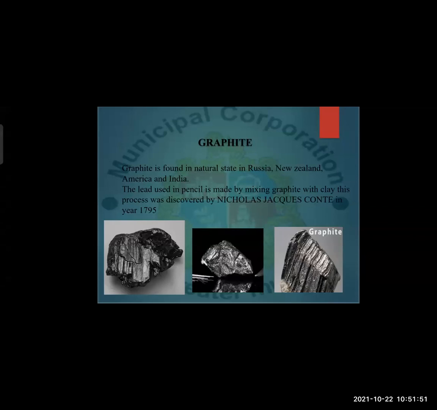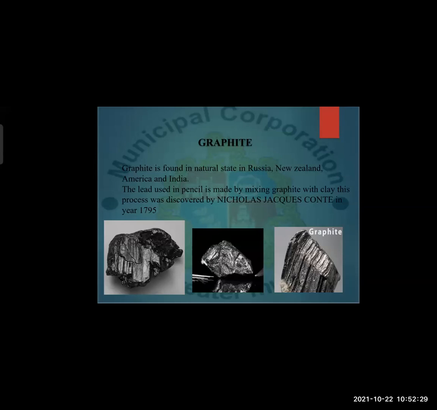It is found under the earth, but somewhat dirty, or we have to process it to make it shiny like this. India is our country, and it is very resourceful. Graphite is one of its resources.